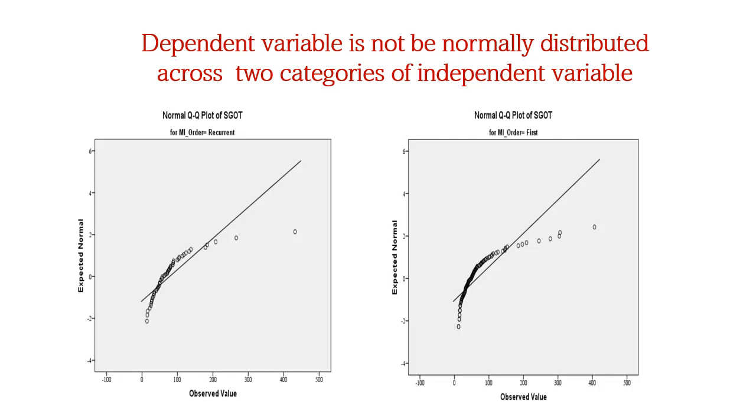So this is the QQ plot of the variable across the two categories of independent variable, and we can see that the individual data points are not along the diagonal line. That's why this QQ plot is showing that the distribution is not normal.